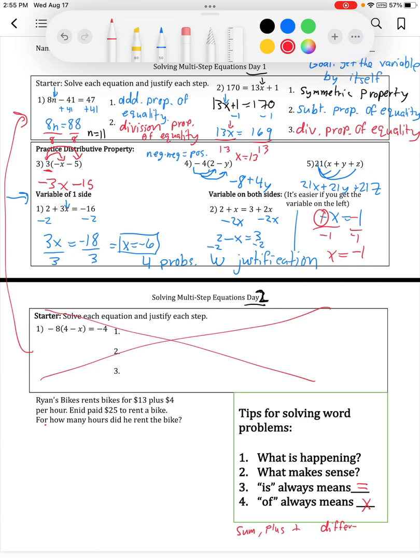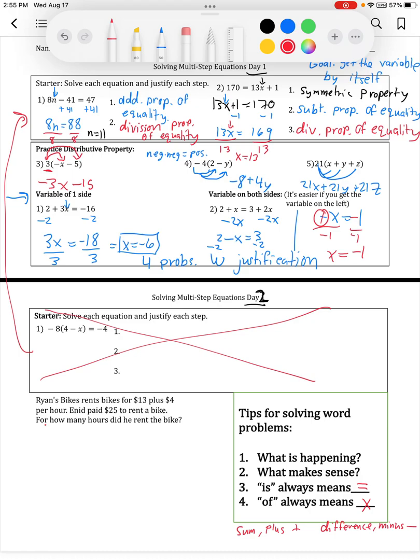Difference or subtract, minus, those are probably going to mean subtraction. We've talked about "of" means multiplication, and then division doesn't show up particularly often. So we're going to just not think about those for a minute, okay?